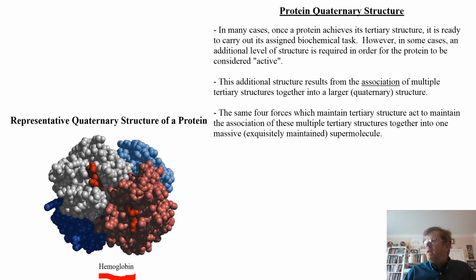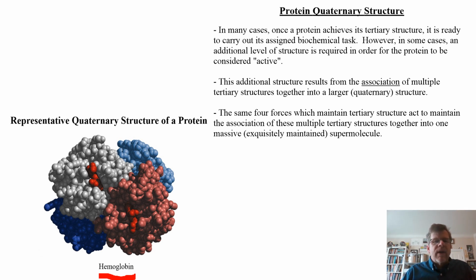Now, hemoglobin in its tertiary structure is not active. It cannot carry out its assigned function, which is to carry oxygen from the pulmonary system to our cells. It is an oxygen carrier, but it is not active unless 4 units of hemoglobin can associate together.